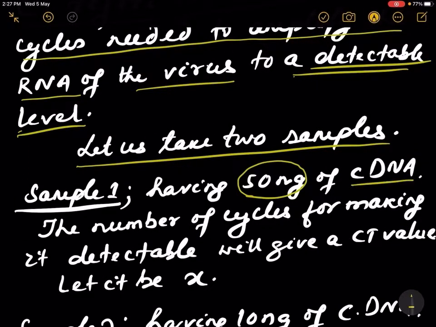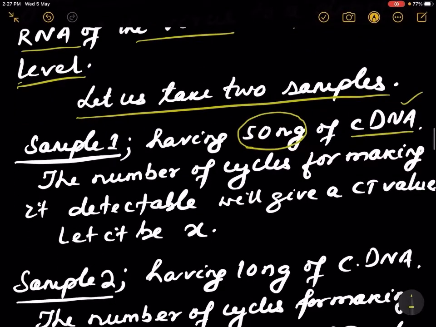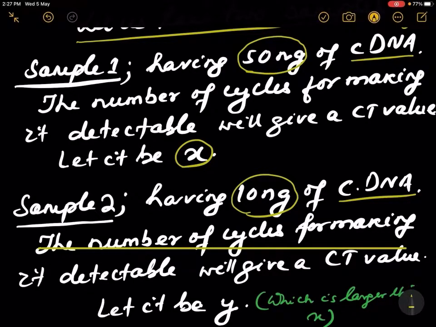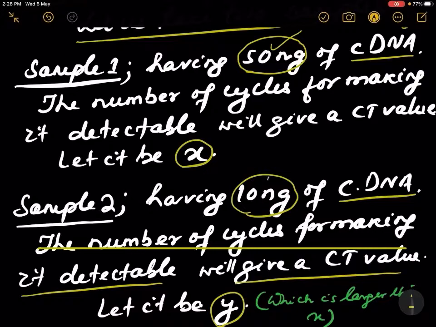Then the number of cycles for making it detectable will give a CT value X. Another sample having 10 nanogram of cDNA, the number of cycles for making it detectable will give a CT value Y. Here 50 nanogram of sample is taken, here 10 nanogram of sample is taken, having complementary DNAs.